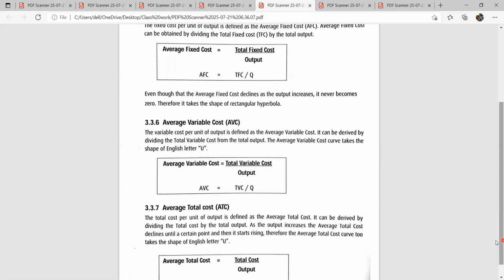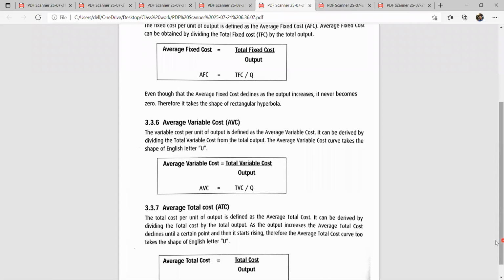When many units are being produced, total variable cost increases. Right now, average variable cost is per unit produced. In here, it is the total variable cost divided by the number of output produced.